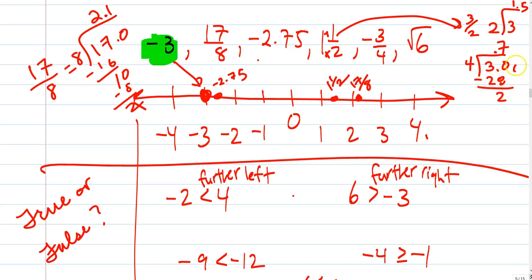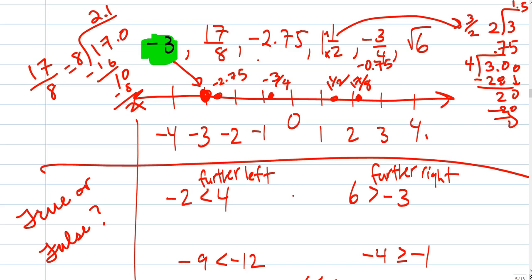Leaving us with a 2, bring down the 0. 4 into 20, 5. 5 times 4. So what are we looking at here? Well, don't put it at positive 0.75, because don't forget it was negative, but basically this is the same thing as negative 0.75, or -3/4, right? Where does that really go? Between 0 and -1. That would be our -3/4. And last but not least, where the heck does the square root of 6 go?